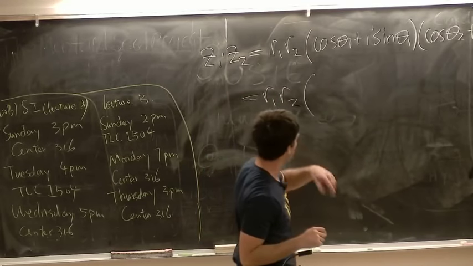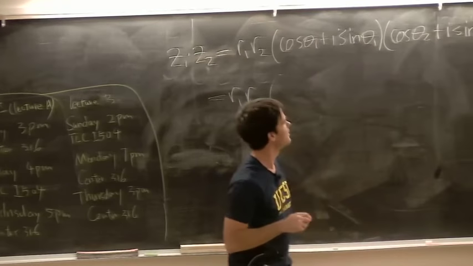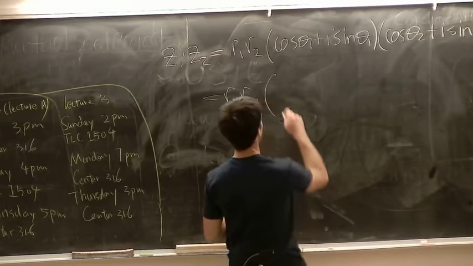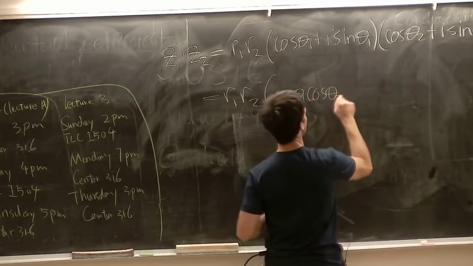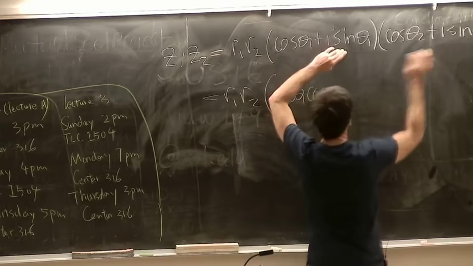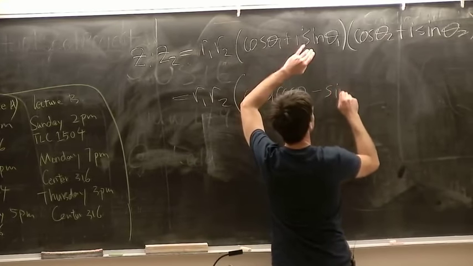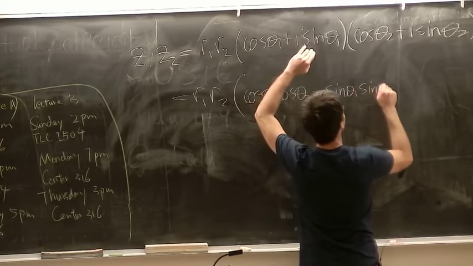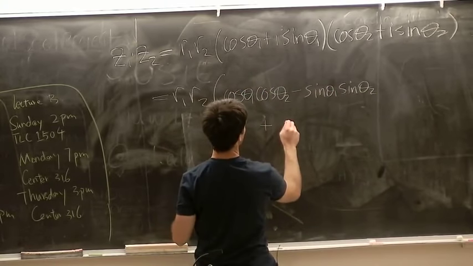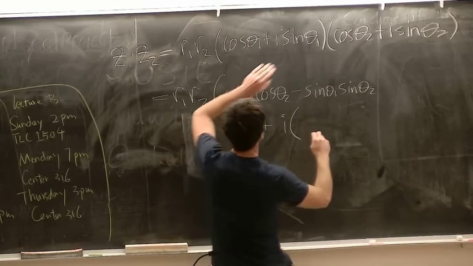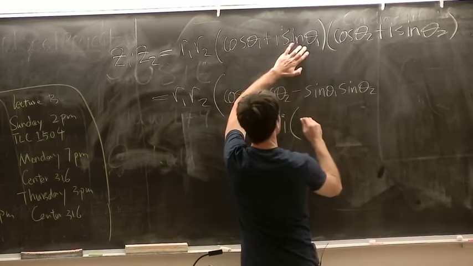Okay, and now let's just distribute all this stuff and simplify. I'll get a cos theta 1 and a cos theta 2, and then minus sine theta 1 sine theta 2. And then I'm going to get an i times, let's see, this one times this.